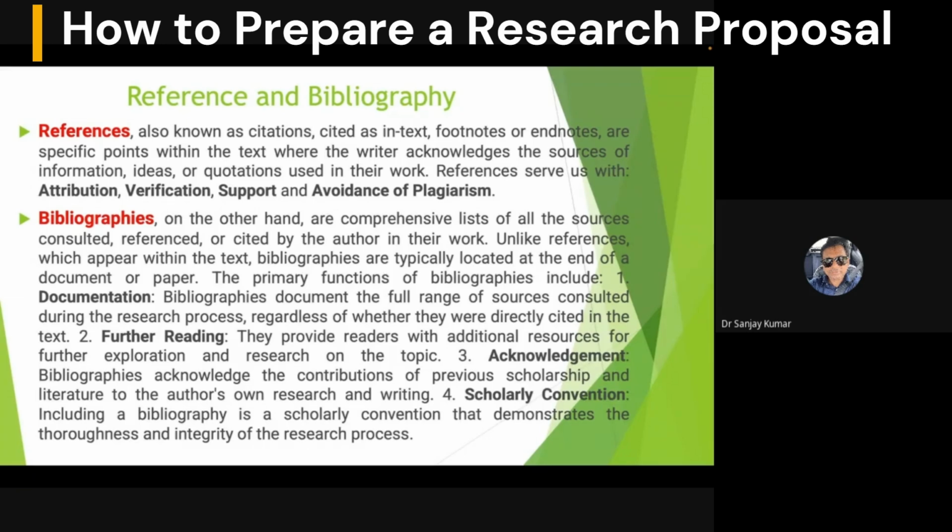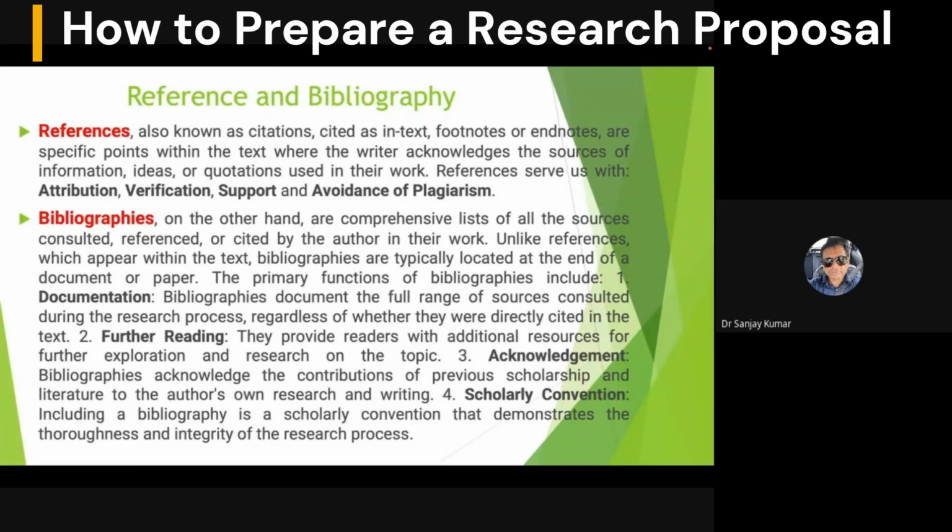For example, as a new researcher, you may not have that authenticity in the philosophical domain, meaning people may not recognize you. So when you cite an author or philosopher, you are trying to take support from that.